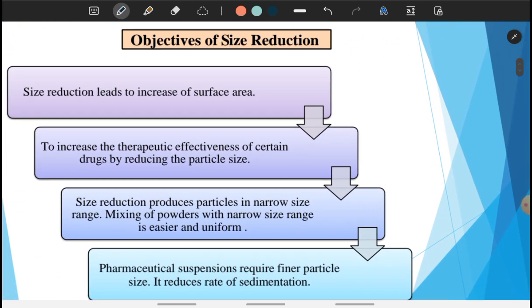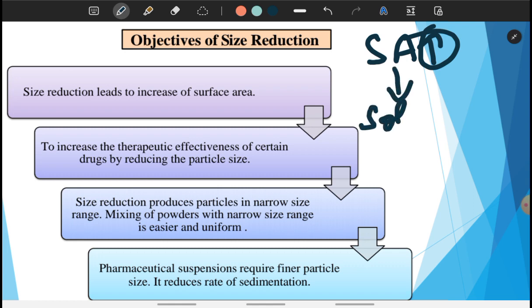First objective is size reduction leads to increase in surface area. If we reduce the size of any particle, it will increase the surface area of that particle. If the surface area increases, the solubility of that particle will also increase.